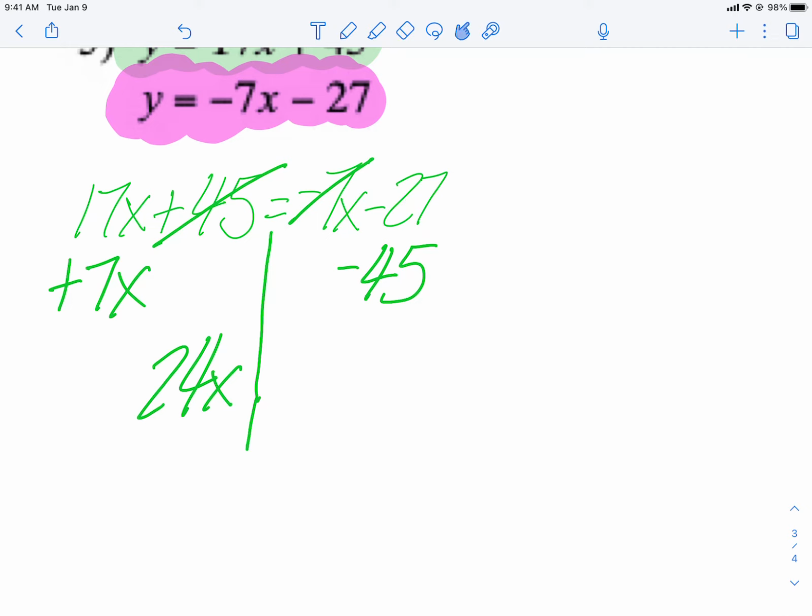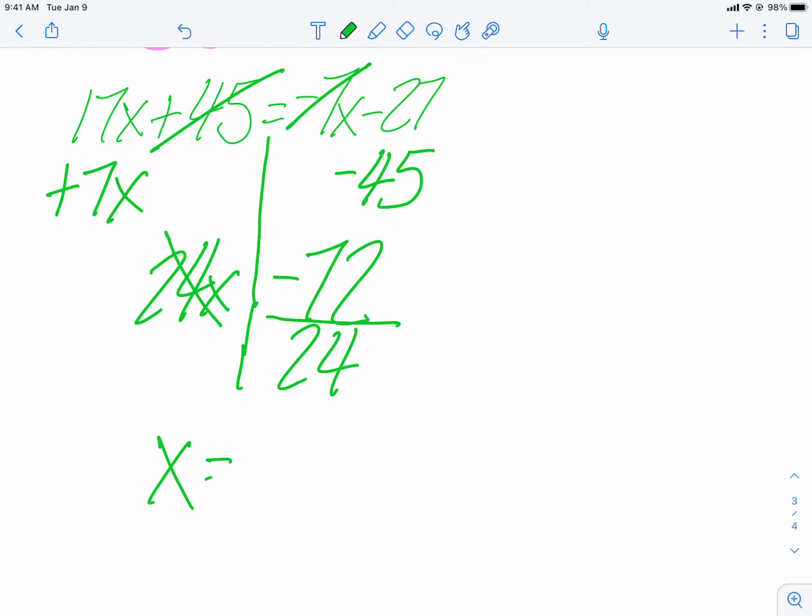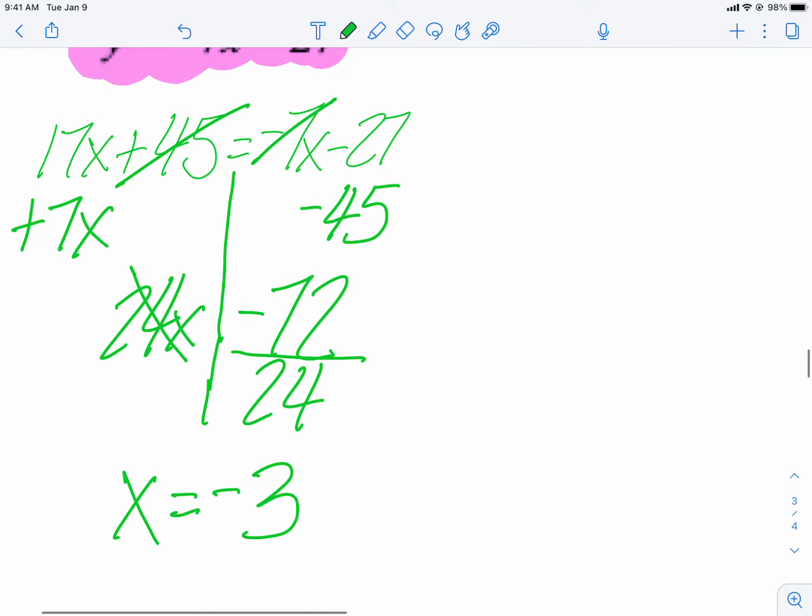Negative 27 and negative 45 are the same sign, so I have to add those two, and I get negative 72. The opposite of multiplying by 24 is dividing by 24, and I get x is equal to negative 3. Negative divided by a positive is a negative.